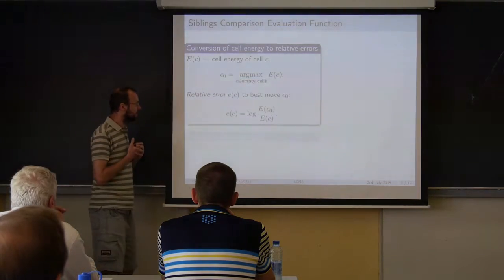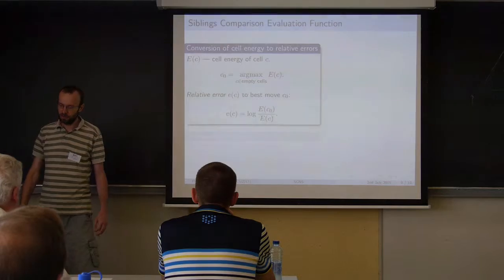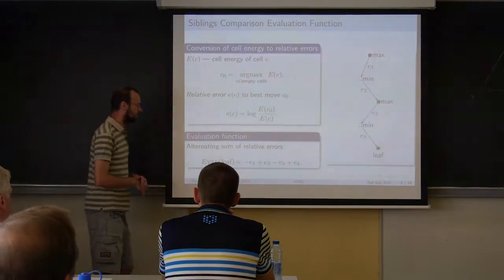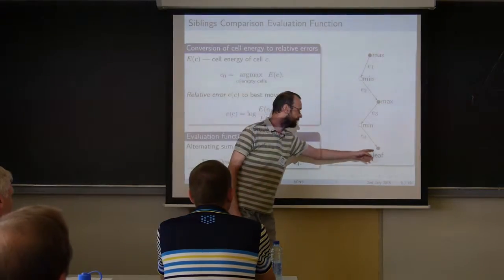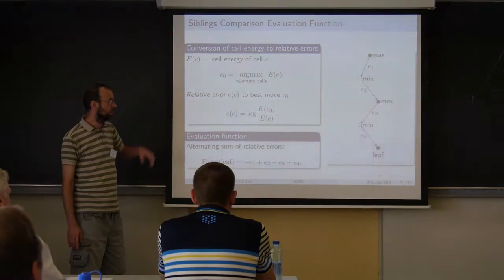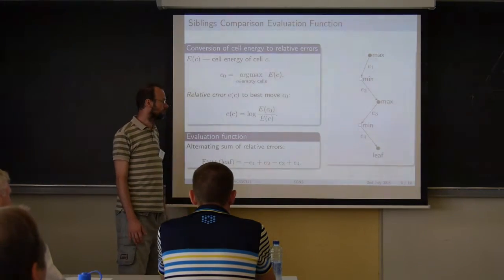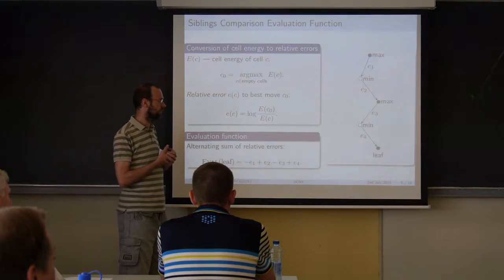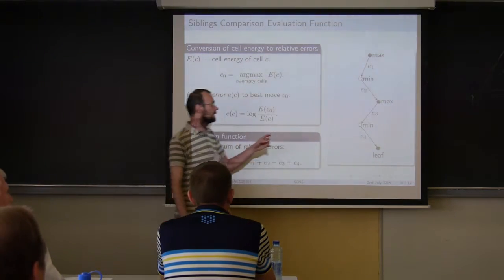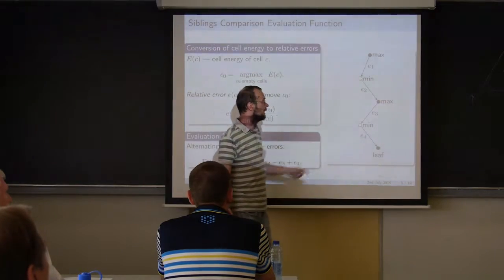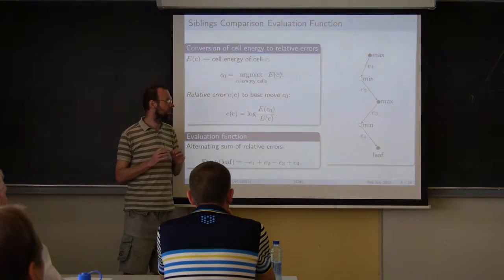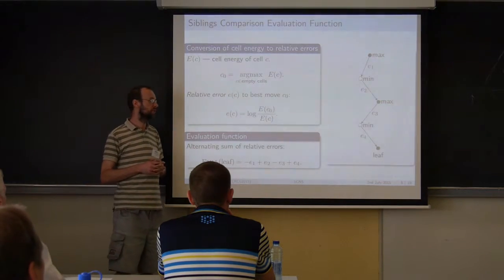Okay, having a measure, which we call relative error, we construct the evaluation function. For a leaf, we want to apply the evaluation function, and we look into the path leading from the root to the leaf. Let's say we evaluate it from the point of view of a max player. If a max player makes a move with some error, so it deviates from optimal play by E1, it is bad, so we subtract it from the evaluation function.